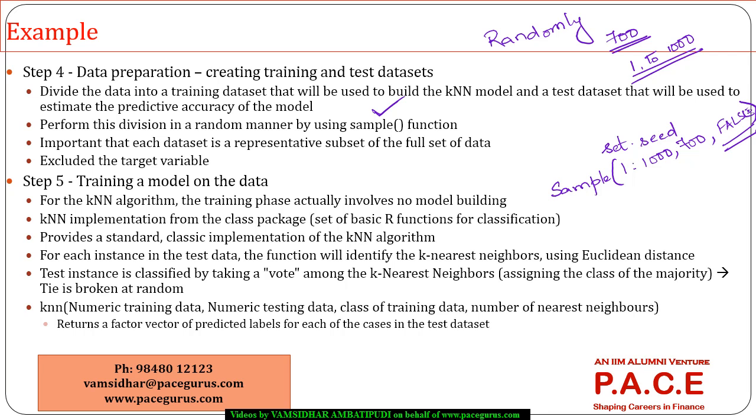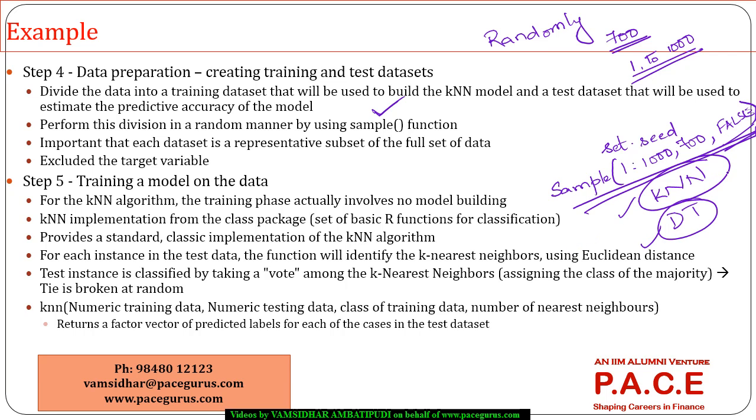But in many cases, every time I do this sample, I'll get a different set of 700 altogether. So to make sure, especially if I am using two different models, now I am using a KNN algorithm. Let's say tomorrow I want to use a decision tree algorithm, and I want to see out of these two which one has a higher predictive accuracy.